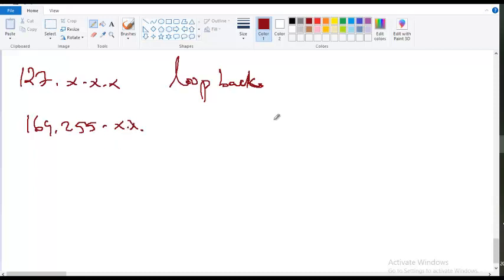This is also not a usable address. Why? This one is loopback. This one is APIPA.